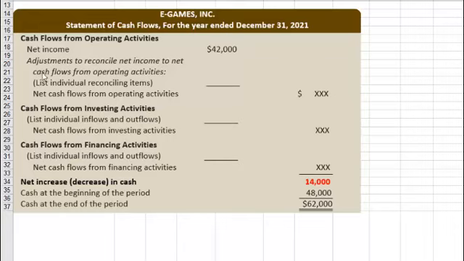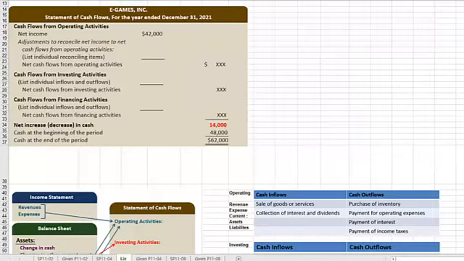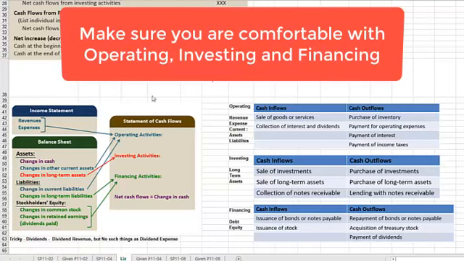So with this, we know there's 3 things that are going to make up those changes. Changes in our operating activities, changes in our investing activities, and changes in our financing activities. Let's define operating, investing, and financing. Here are 2 ways to look at these terms. Defining it using our financial statements.